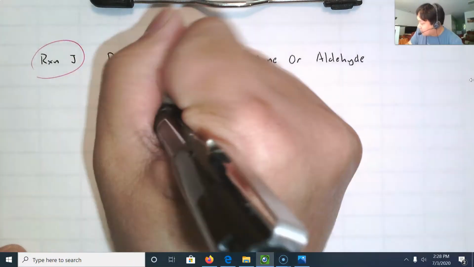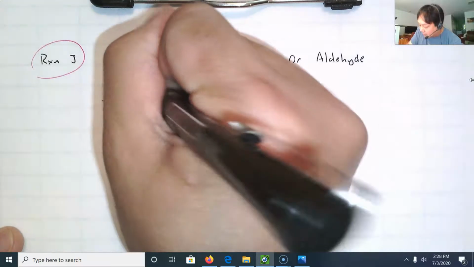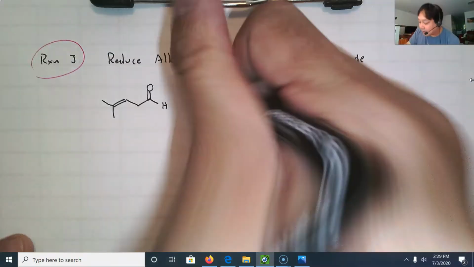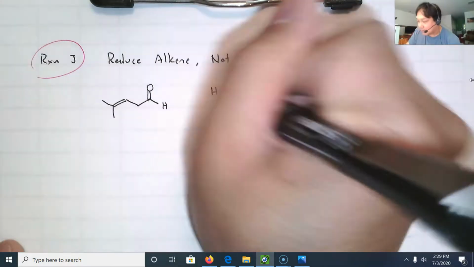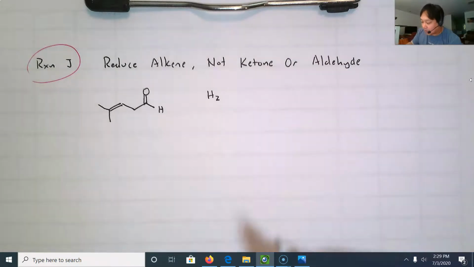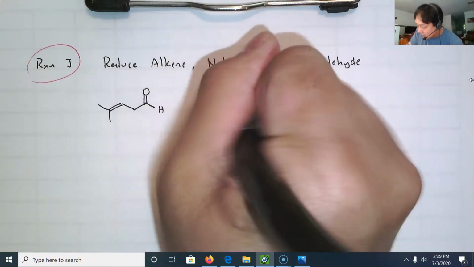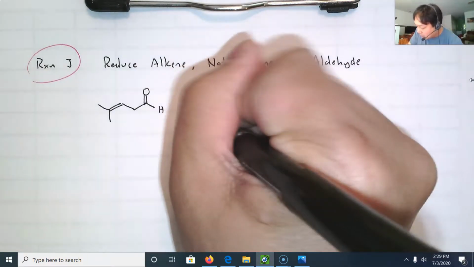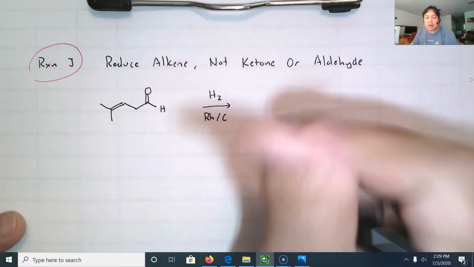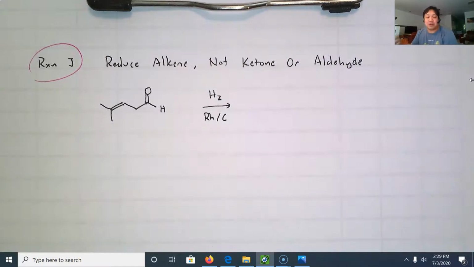Let us pick that alkene aldehyde that we had on the previous example. The reagent is actually very similar. It's going to be H2 again. So it is a type of hydrogenation, but we are going to use a different catalyst. We're going to use rhodium, Rh, and typically they call it rhodium on carbon or rhodium on charcoal.